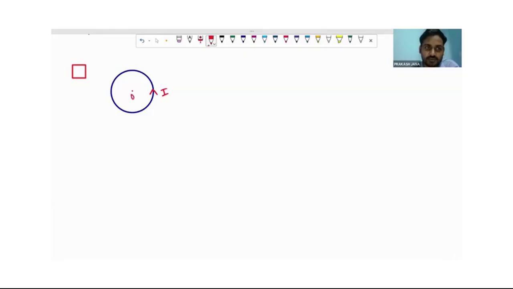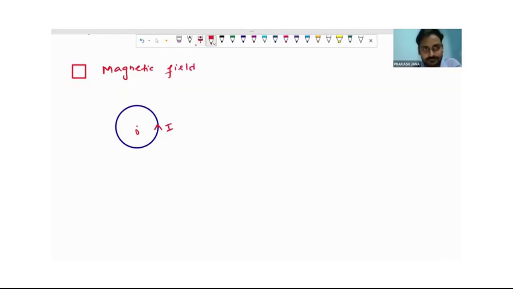Suppose the point is O. What we want to find is the magnetic field at the center of the current carrying coil.